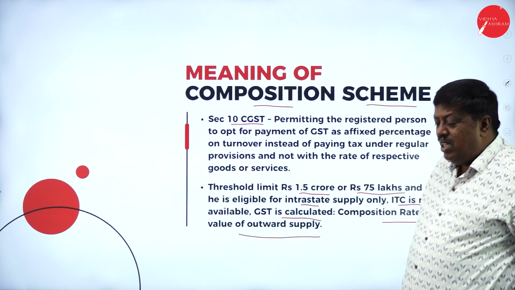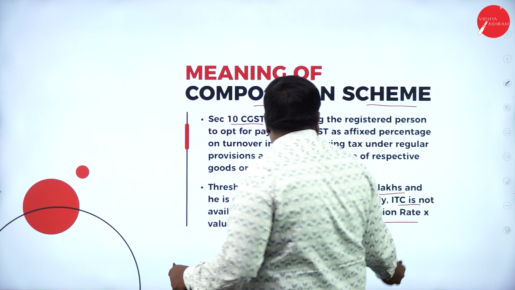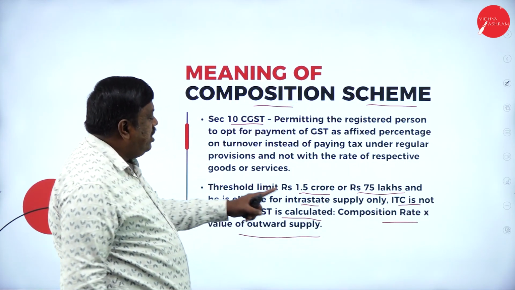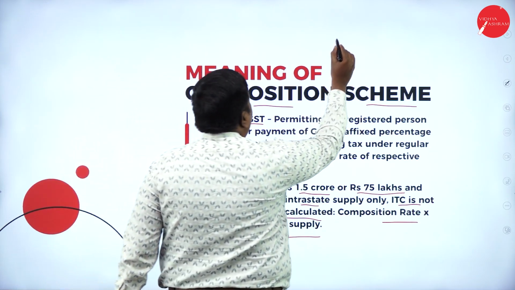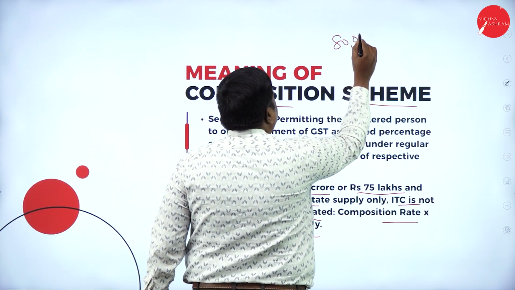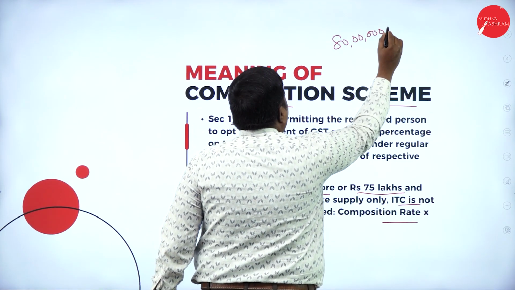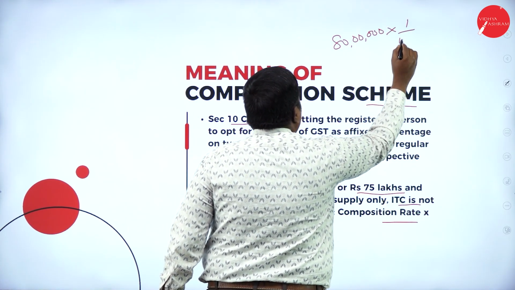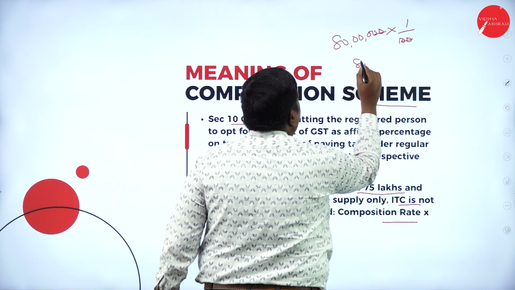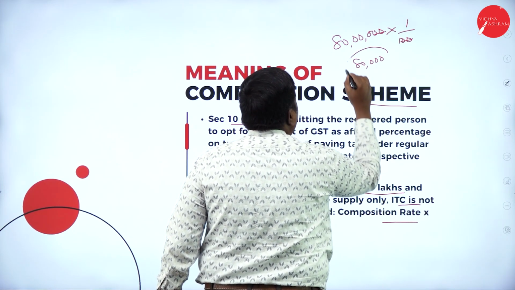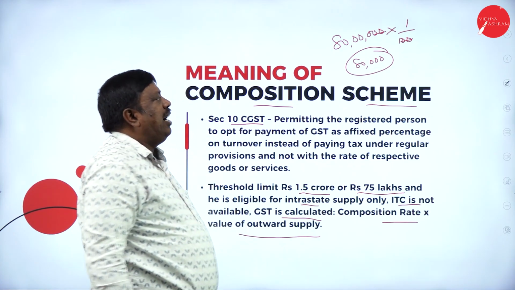They're saying that whatever the GST is, it is calculated as composition rate into value of outward supply. For example, if my turnover is 80 lakhs, 80 lakhs into 1 by 100. So the zeros cancel here, and the remaining 80,000 is the tax I have to pay.